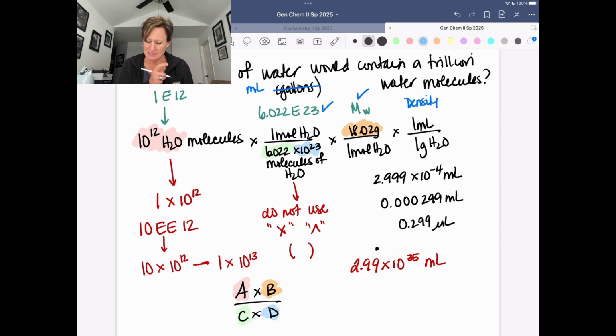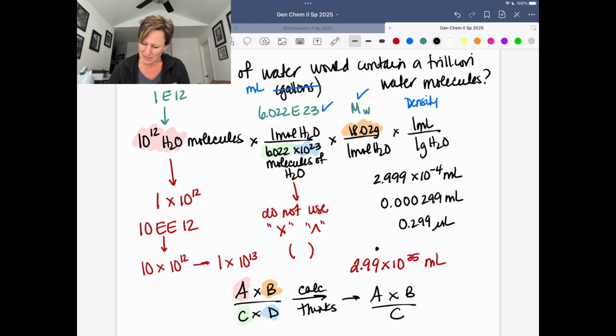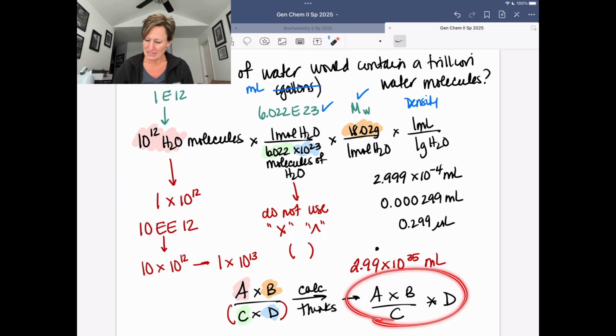If I just type this into my calculator, here's what your calculator thinks you want: A times B divided by C times D. It's putting that D in the numerator. Unless you're putting that in parentheses, and some of you may be doing this, you are going to get the incorrect answer. You're going to get this answer here.